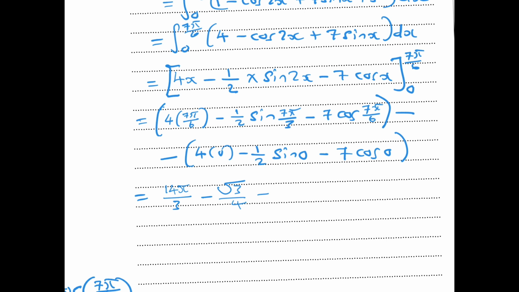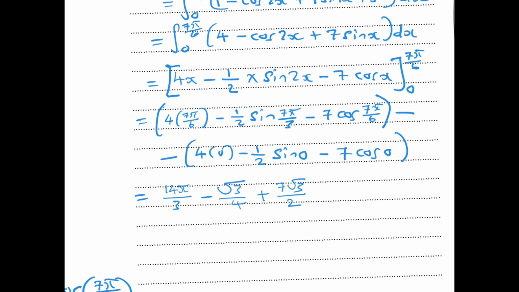All right, what we have there, we have cos of 7 pi over 6. We are plugging that into our calculator. All right, of course, that times 7. That will give us negative, so that making this one to be positive. 7 times square root of 3 over 2.